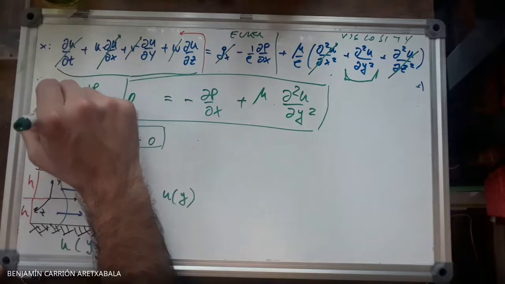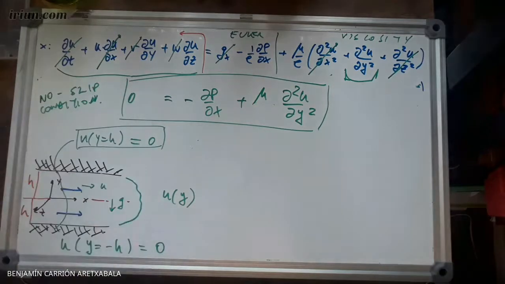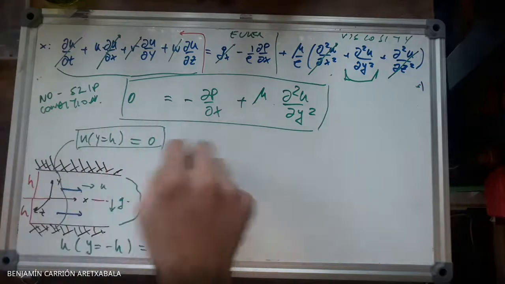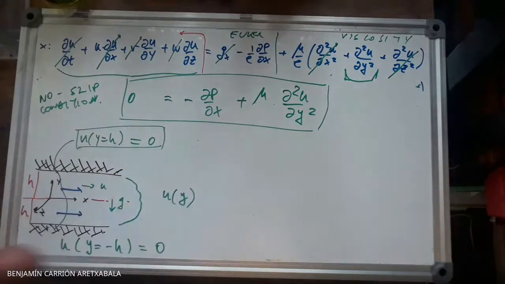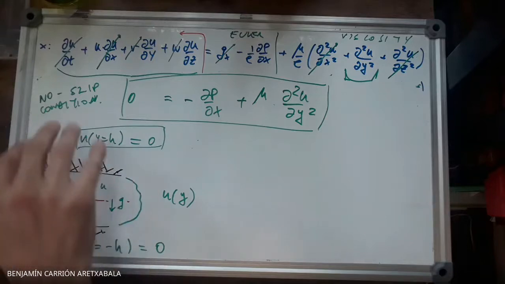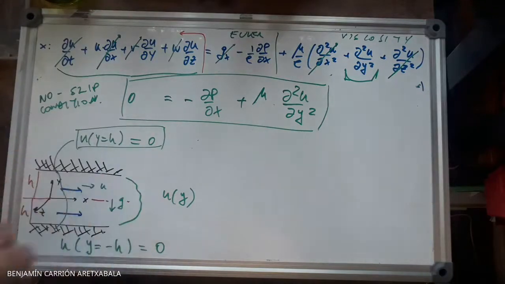This is true of all fluids. All fluids stick to the wall. So it's not true only for viscous fluids like this one, but every fluid. Even the water flowing in a river is stuck to the wall. The problem is that you have turbulence very near the wall, but that's another thing. But so the velocity here has to be 0.